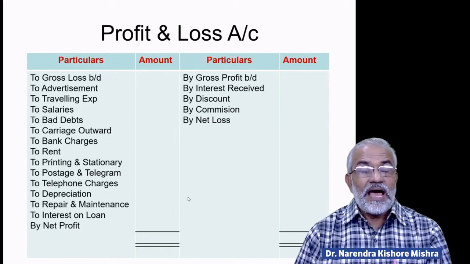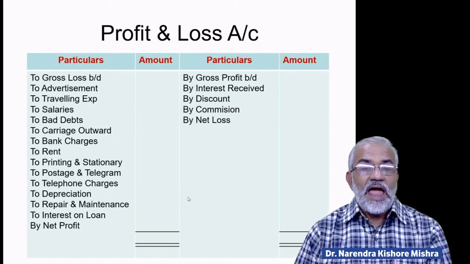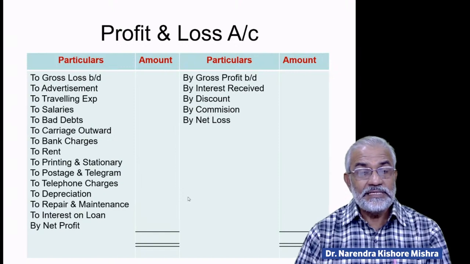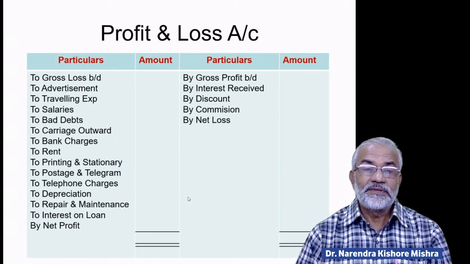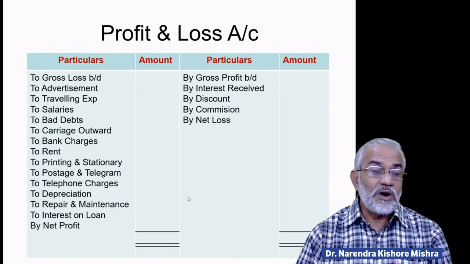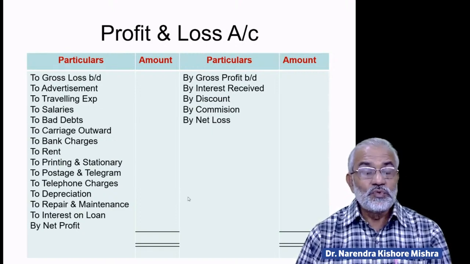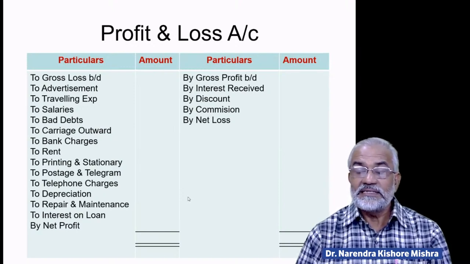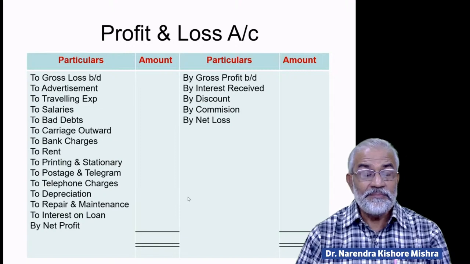Balance sheet is prepared as on the close of the year, and it doesn't have any debit side or credit side. Its left-hand side is liabilities and the right-hand side is assets. The items in the balance sheet do not start with the prefix 'to' on the left-hand side or 'by' on the right-hand side. These things have to be remembered while preparing the position statement, the balance sheet.